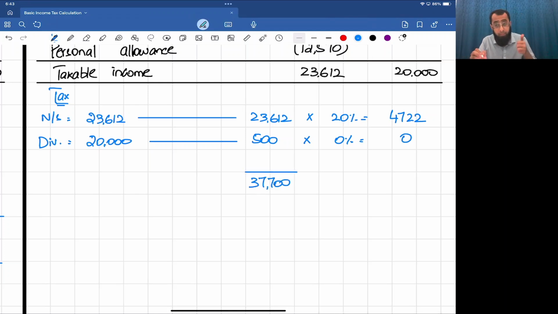Now your basic rate band is 37,700. What's the remaining space in the basic rate band? Let's look at it. 37,700 minus 23,612 minus 500. So it's 13,588.